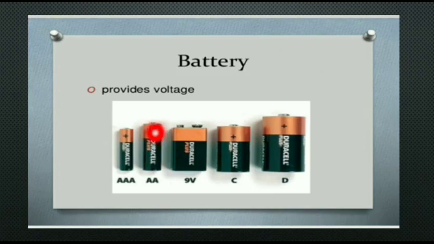This battery is used in electrical circuits, for example remote cars, and these two batteries are used in heavy voltage circuits, right? So a battery provides voltage. Up to this, active components are over.